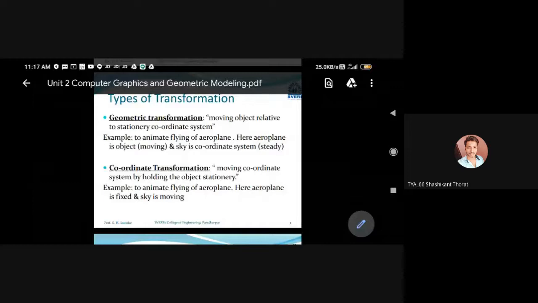The entire sky is a coordinate system because it is steady, and whatever object we move, suppose the aeroplane is moving from one place to another, that is geometry transformation. We are transforming the geometry. In coordinate transformation, to animate the flying of the aeroplane, the aeroplane is fixed and the sky is moving.